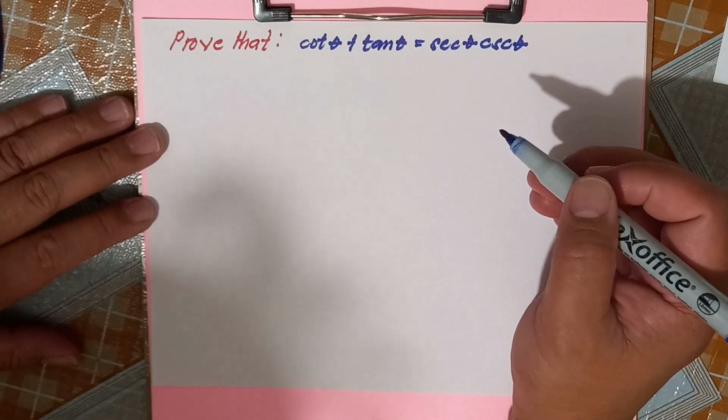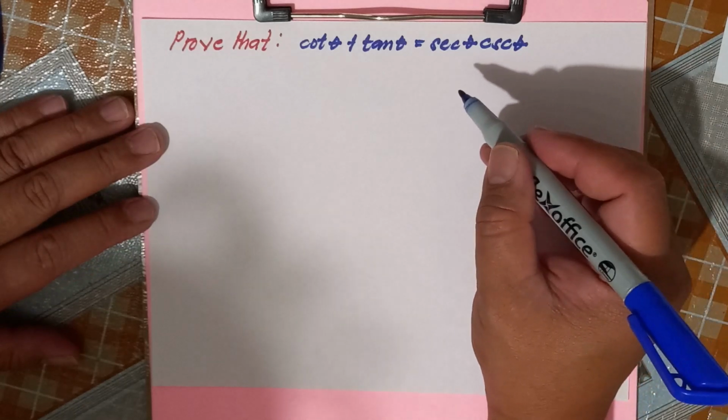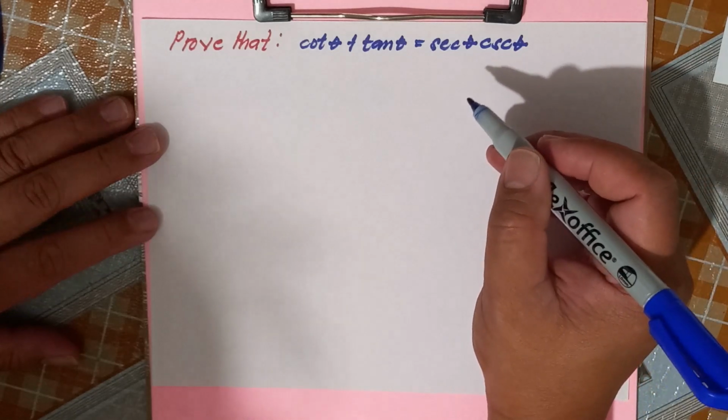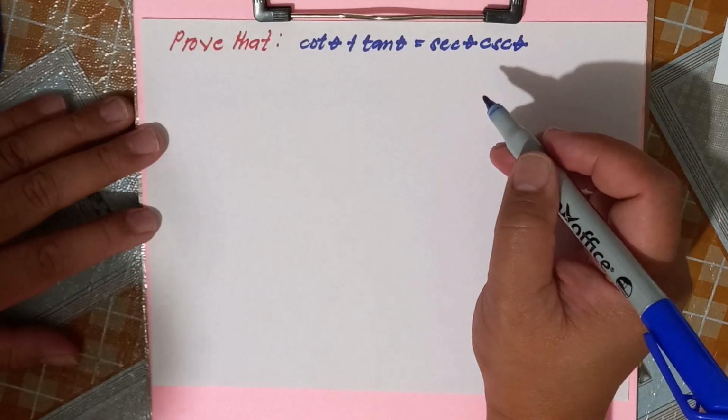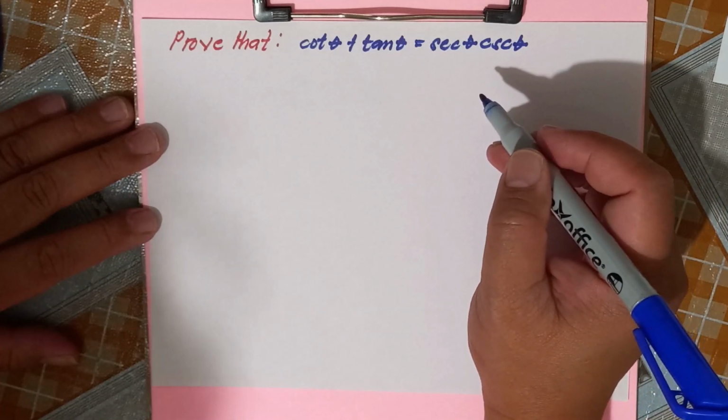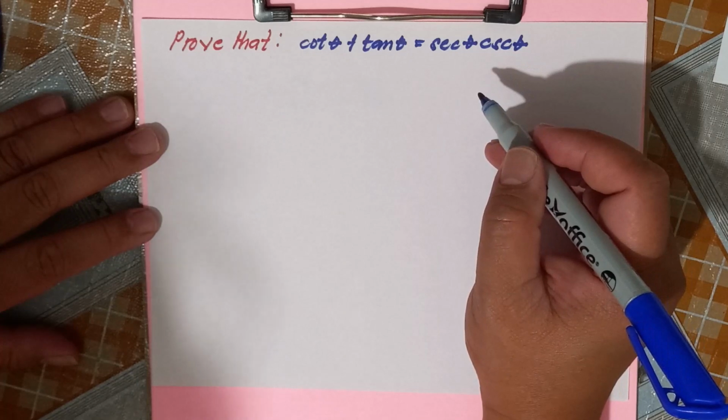First of all, we have to consider that both sides are in a complicated form, so we have to manipulate both the left and the right side of the equation.